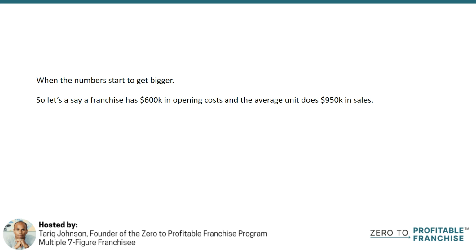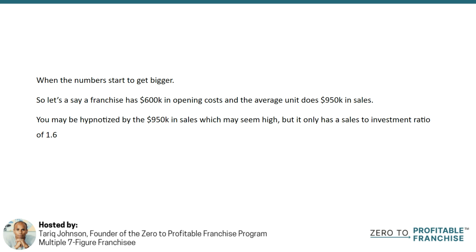Let's say a franchise has $600,000 in opening cost, and the average unit does $950,000 in sales. Well, you may be hypnotized by the average performance of $950,000 in sales, which may seem high to you, but it only has a sales to investment ratio of 1.6.